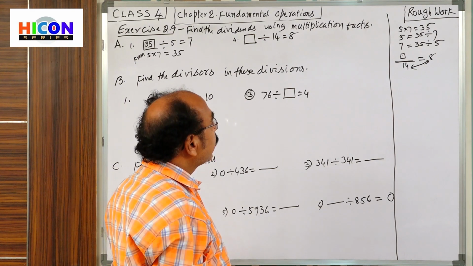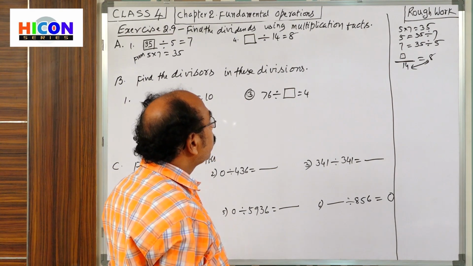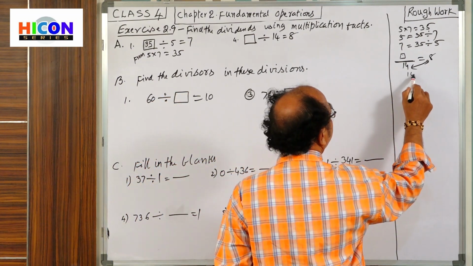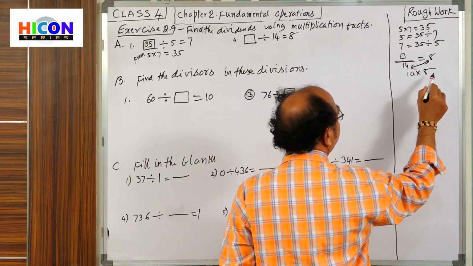This is the division symbol. If you want to get the answer in the box, simply multiply these two, 14 into 8. This is the multiplication fact.